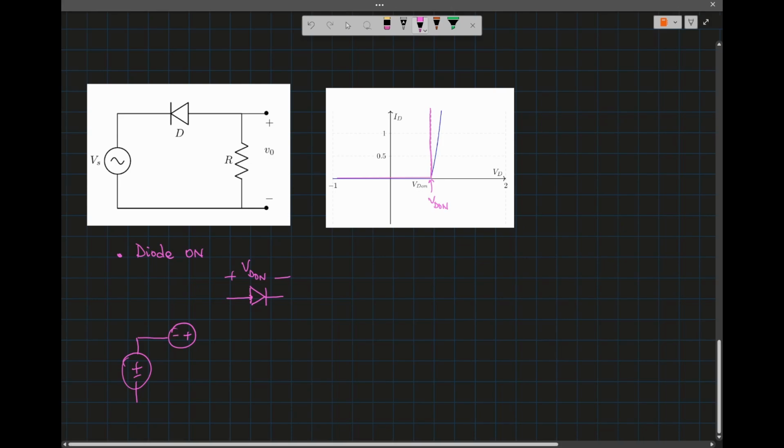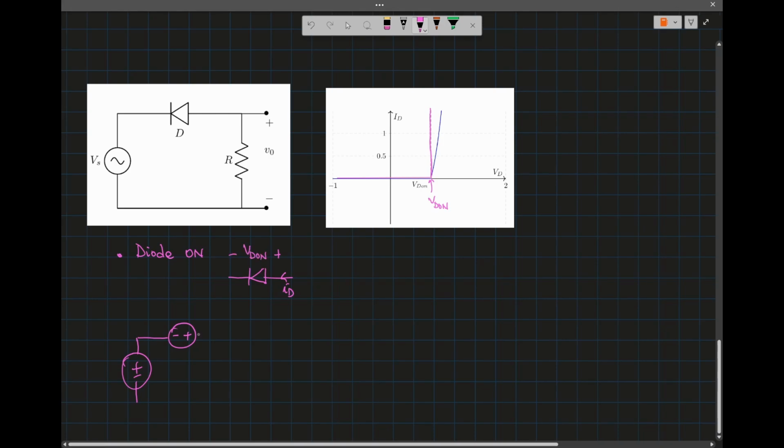So the diode looks like this, and the current ID is that way, and the voltage VD on.